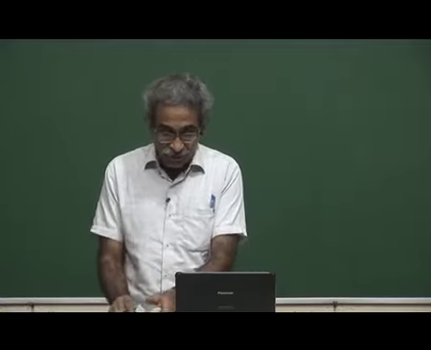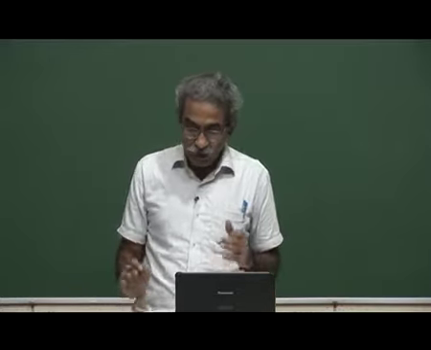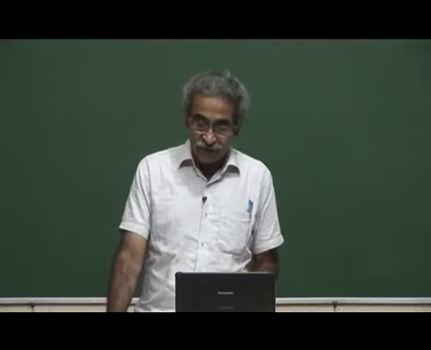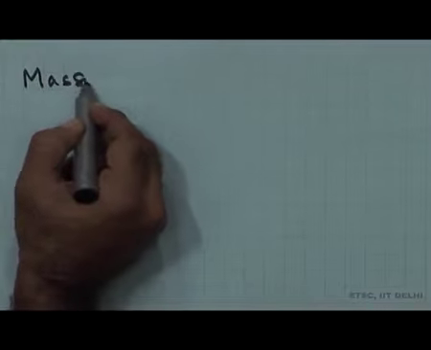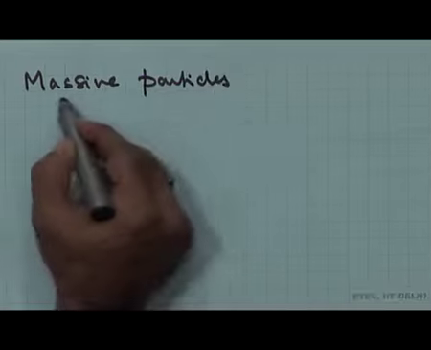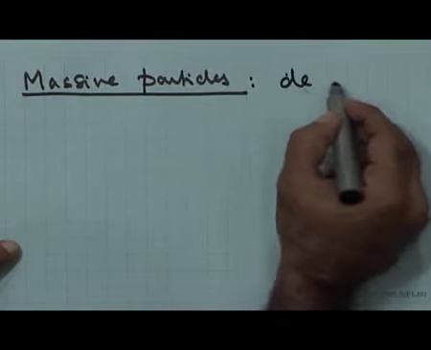But still, even within that limited notion of consistency, we are able to see that there is no conflict. But that was for radiation. When it comes to massive particles, the situation changes. Massive particles means de Broglie waves.